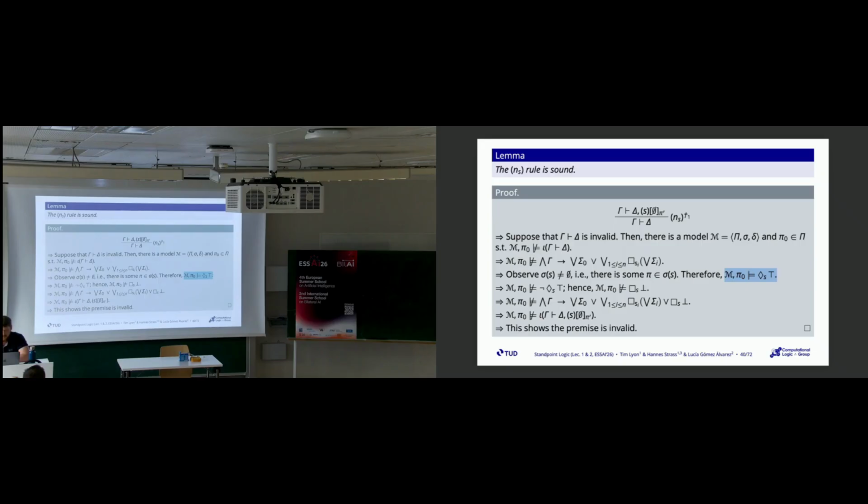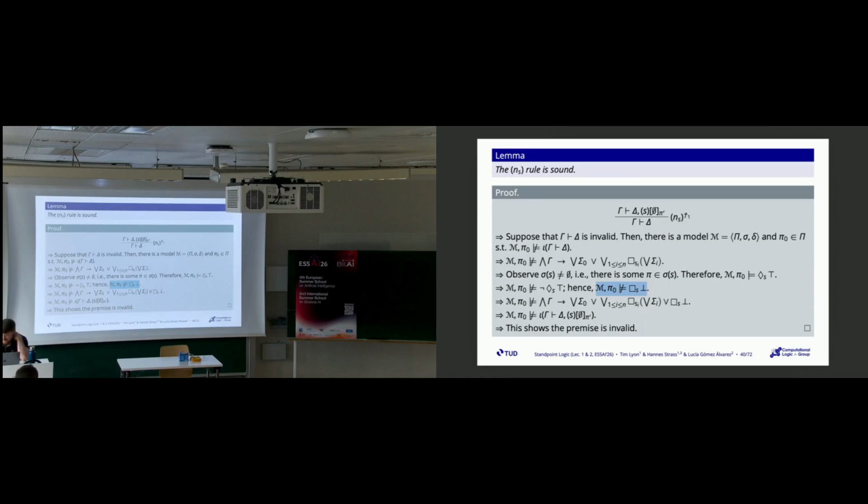So if this formula is satisfied in M at pi naught, then its negation is obviously not satisfied by the semantics of standpoint logic. And if you recall from yesterday's lecture, with the full negation operator, which we've defined, it gets pushed inwards, and that then establishes that box S falsum is false at m at pi naught.